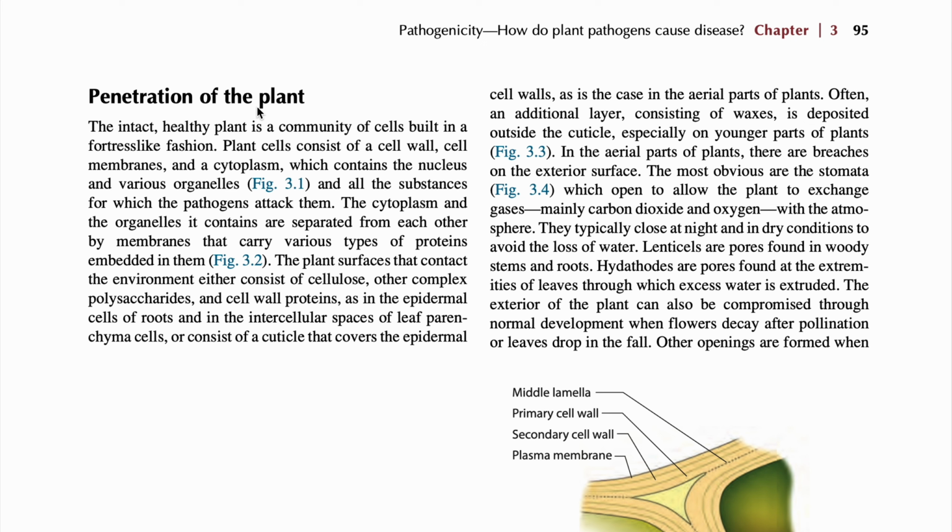Now we will see how they penetrate the plant cell. The intact healthy plant is a community of cells built in a fortress-like fashion. Now, we have seen forts.